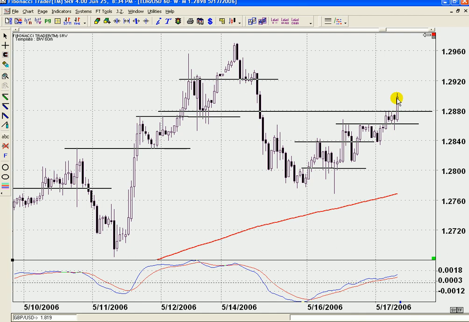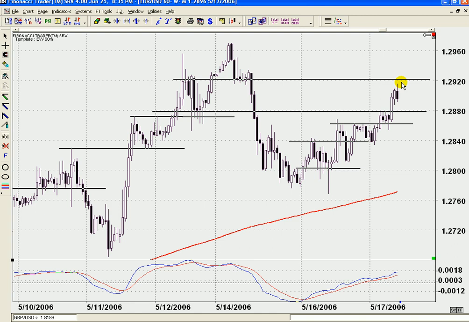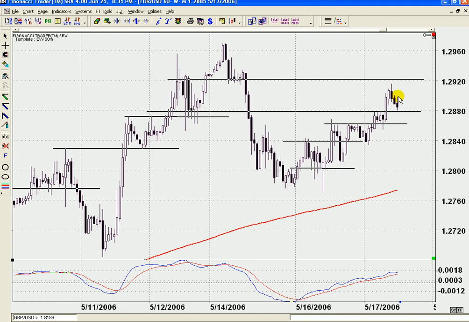Now we move through again. Our next targeted level would be 29.20, 28.40 to 29.20. There's about 80 pips, and we are seeing some weakness here.